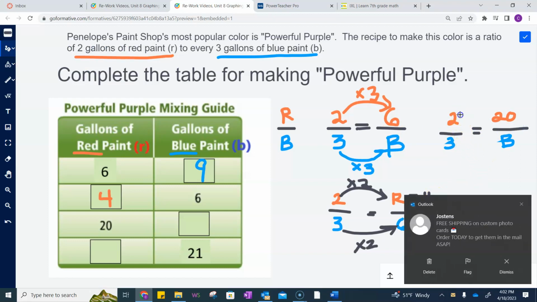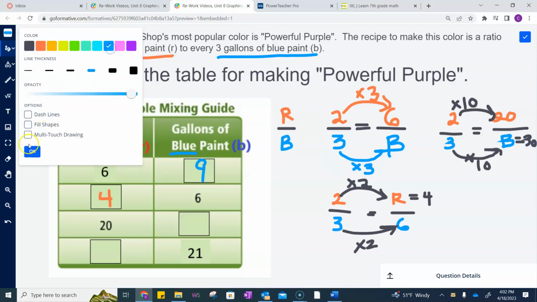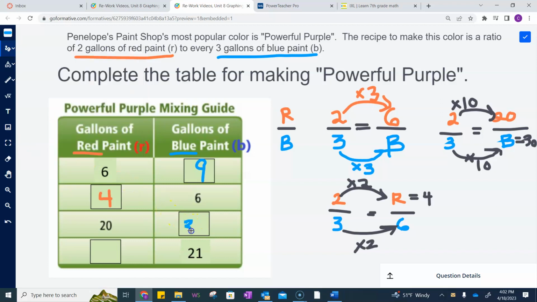So I had to multiply that by 10 to get it scaled up to 20 gallons. What I do to that, I have to also match on the bottom so I keep the color shade the same. And I get 30. So I need to have 30 gallons of blue paint to mix with 20 gallons of red to get the right shade.